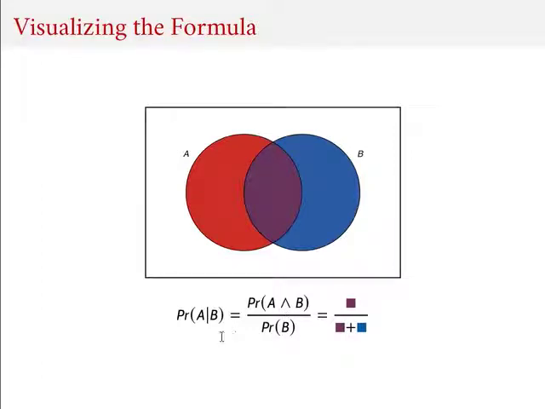So now visually, the probability of A given B is the amount of B's overall space that A and B takes up.